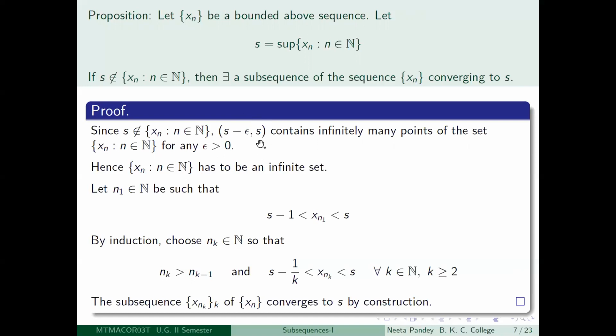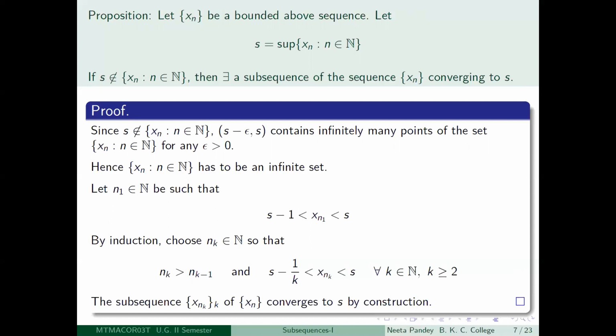So suppose x belongs to the open interval s minus epsilon to s, then that x may belong to s minus 1/2 to s also. It may belong to the open interval s minus 1/3 to s also, and so on. But that x is not equal to s, so it is possible to get a positive integer n so that x becomes less than s minus 1/n. That is what I'm stressing. So the interval from s minus 1/n to s will also contain a point of the set, but that will be different from x.